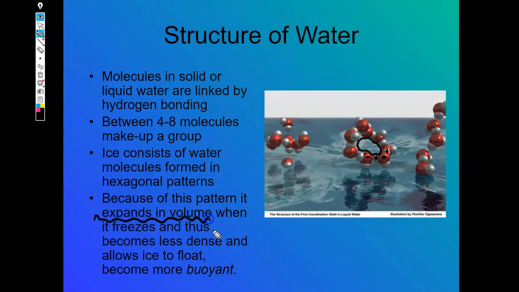It expands in volume. Anybody that has ever placed a can of soda into the freezer to get it colder and forgot it there probably knows exactly what happens to something that is almost completely made of water in the freezer. The volume expands and the can of soda explodes. So this makes water less dense and allows the ice to float. In other words, it becomes more buoyant.